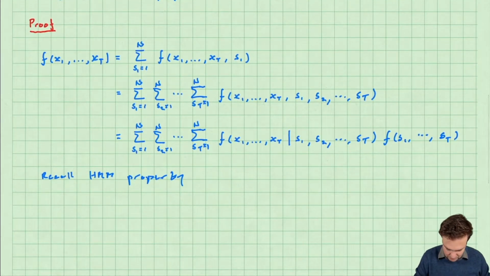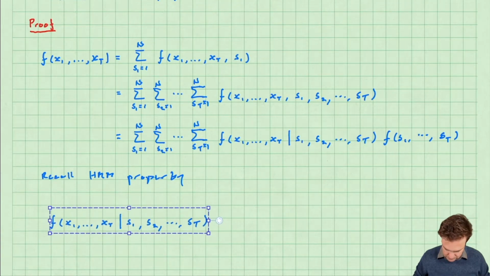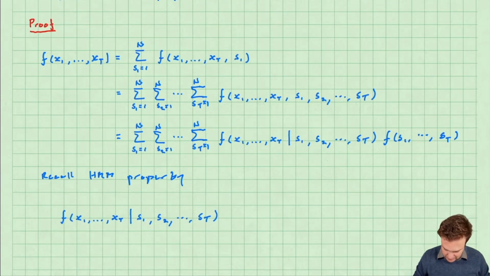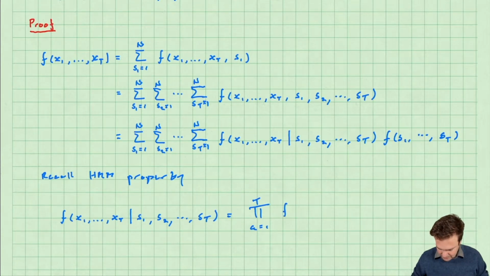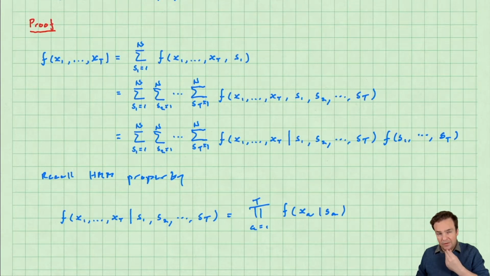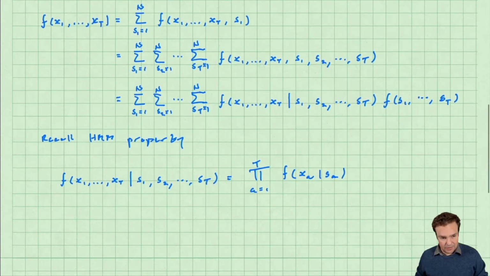So this quantity here could be written like this: a product over each of the different time steps. Like that, right? So that's one of the rules in the definition of the hidden Markov model. So that's the first thing.